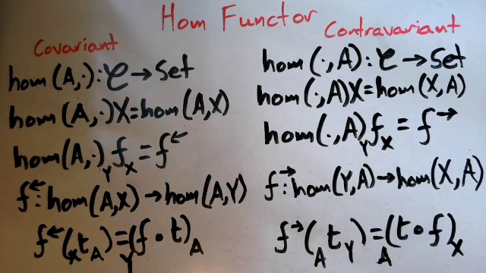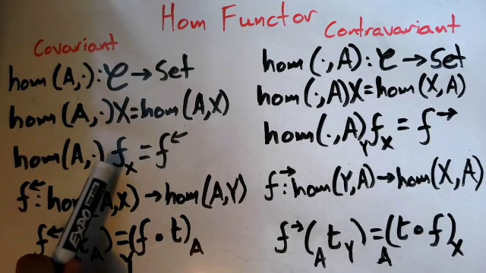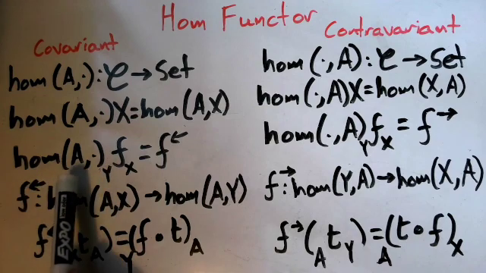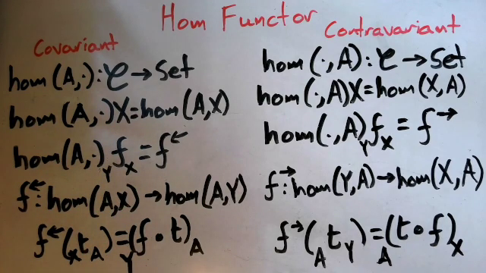Now, of course, functors map both objects and morphisms, so we need to see what happens to the morphisms of C when we apply the home functors. So in the covariant case, if we have a morphism f from X to Y, then when we apply the home functor, home A blank, we know that we need to get back some sort of function which goes from the home set A X to the home set A Y, since that is what these objects will get mapped to by the home functor.